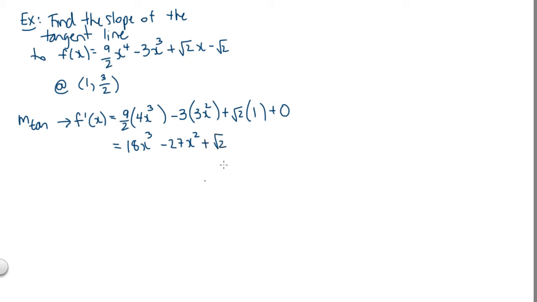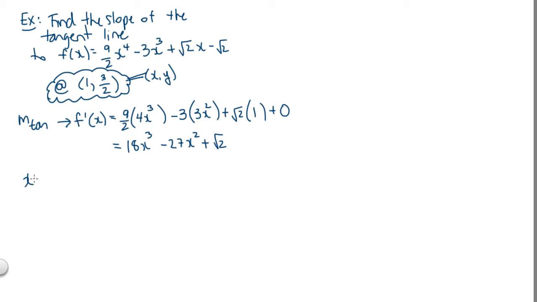plus root 2. Now to finish off the problem, the question is actually asking for the slope at a specific point. So if we go back to this point here, it's the x value that we really need to plug into this derivative. So remember, this point is just giving the x and y coordinates in that order.